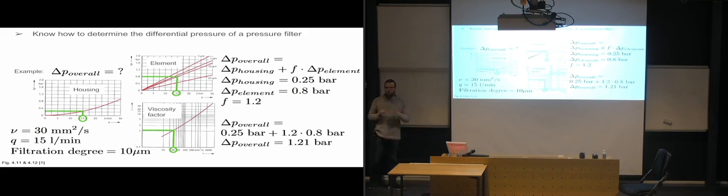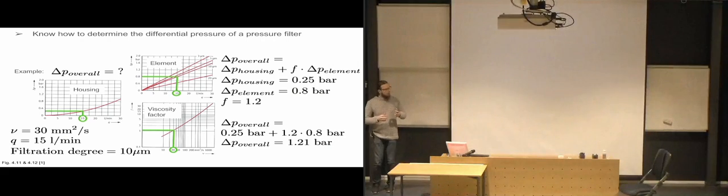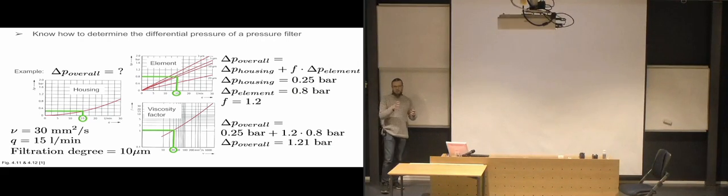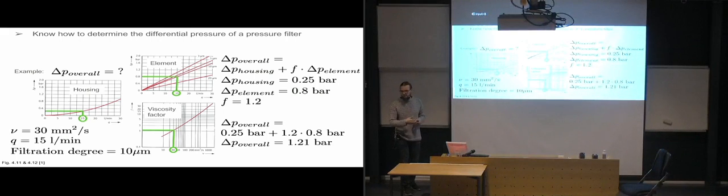And one thing we need to keep in mind with something like this is that the filtration element is going to start getting clogged up as it progresses in time. So the older the filtration element gets, the more clogged up it's going to be. So over time, it might actually get a higher differential pressure.